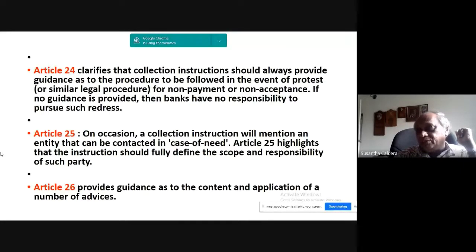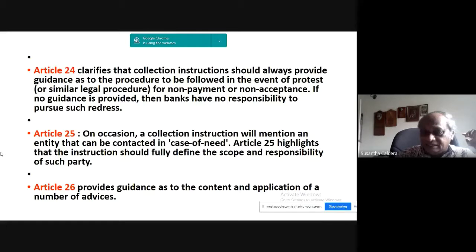When I reported to head office, my top guy in London, Mr. Neil Chantry, his name is there if you see the UCP and URC documents, in one of the rule books. He's on the panel. High level guy. Neil Chantry called me and asked me, Susanta, what is happening?